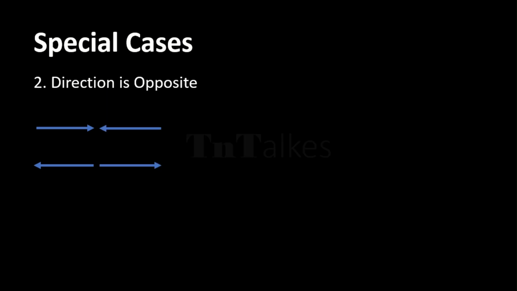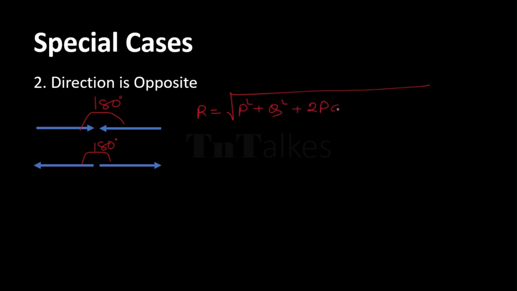Number 2, if the direction is opposite, just like this. Here the angle is 180 degree. So the formula is R equals to root over P square plus Q square plus 2PQ cos 180 degree.